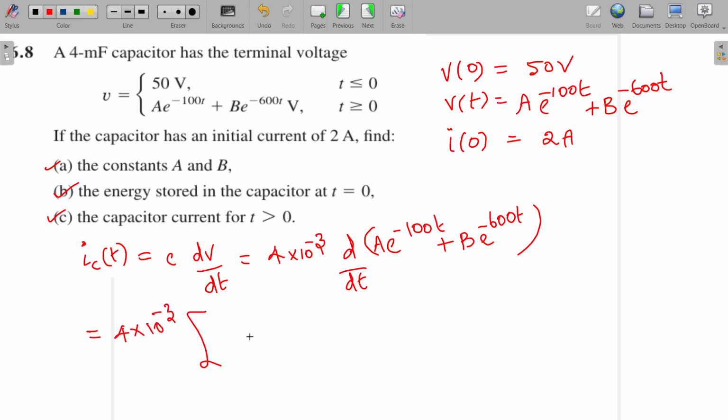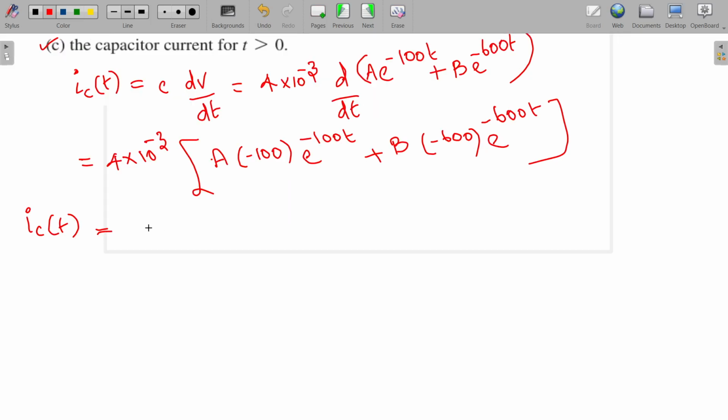So when you do the differentiation, you get A into minus 100 into e power minus 100t plus B into minus 600 into e power minus 600t. This is what we get. If you take this minus sign as well as 100 outside, multiplied by this 4 into 10 power minus 3, within the bracket you get A into e power minus 100t plus 6B into e power minus 600t.